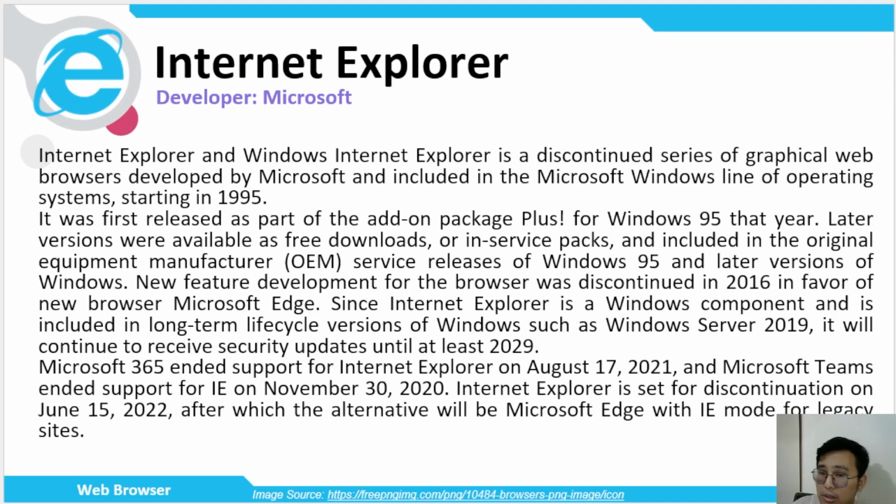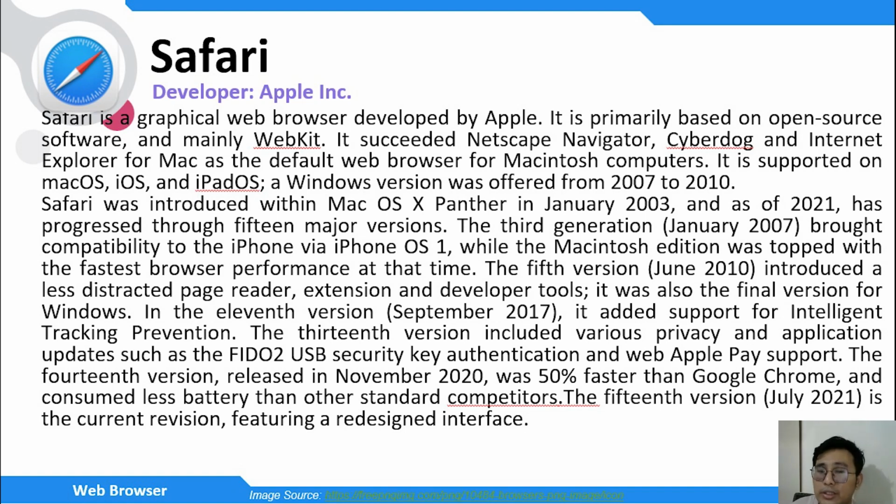It was also released in later versions of Windows, and the browser's development was discontinued in favor of the new browser, Microsoft Edge. So this is the first one. We should be thankful and have some experience and historical context, and also analyze why this didn't work, but we also need to move forward. For the next example, we have Safari.